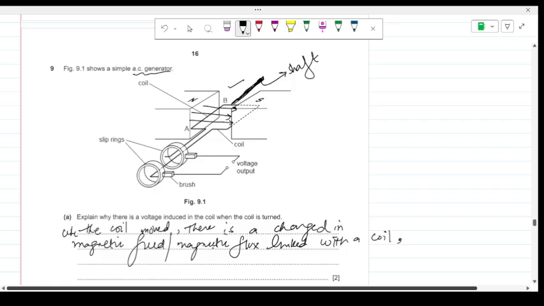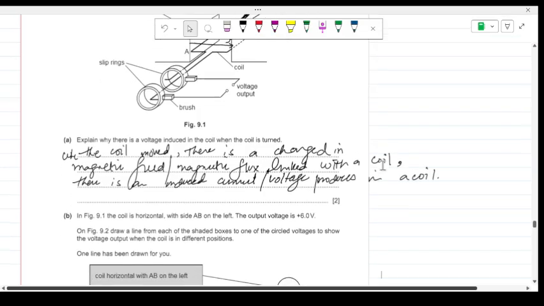So as the magnetic flux changes, there is an induced current or voltage. Whenever there is a change in magnetic flux linked with the coil, there must be an induced current or voltage in the coil.